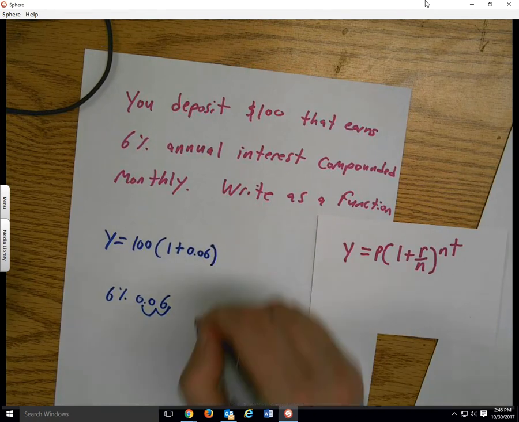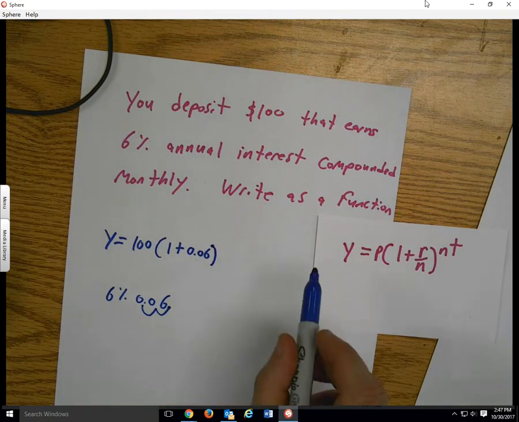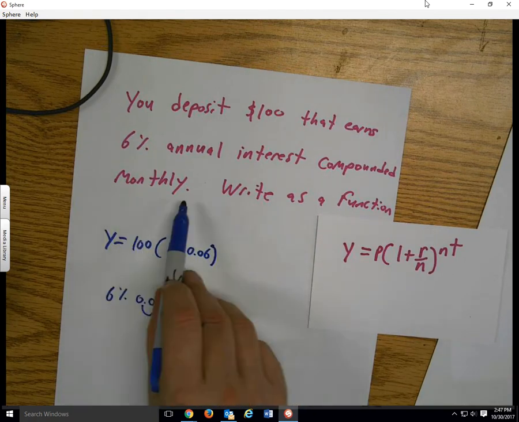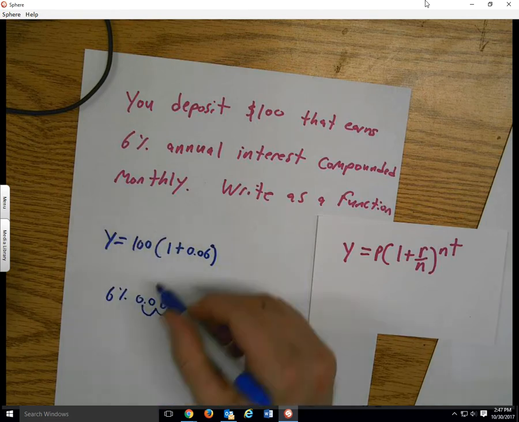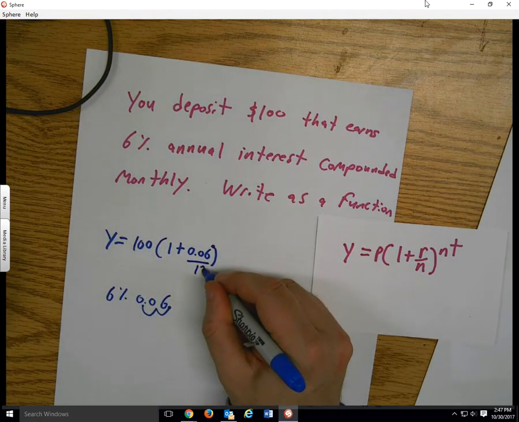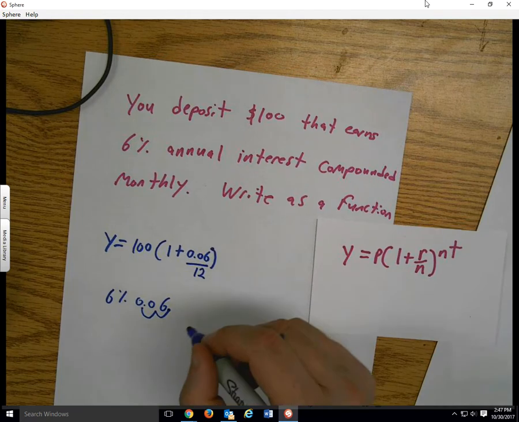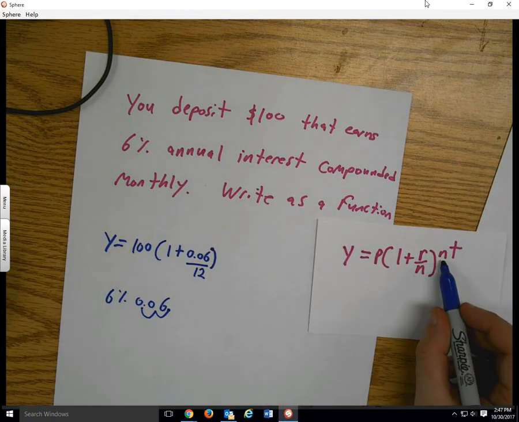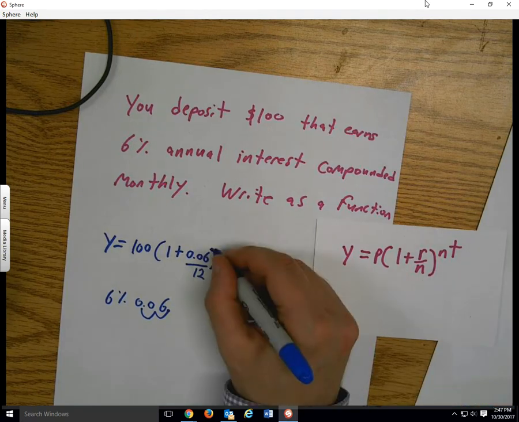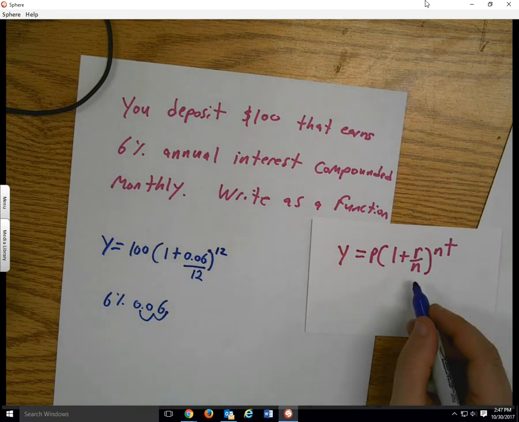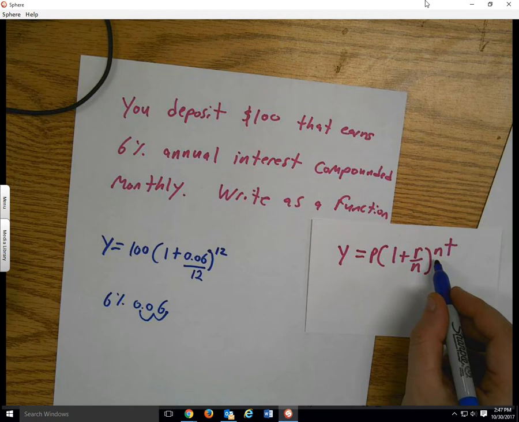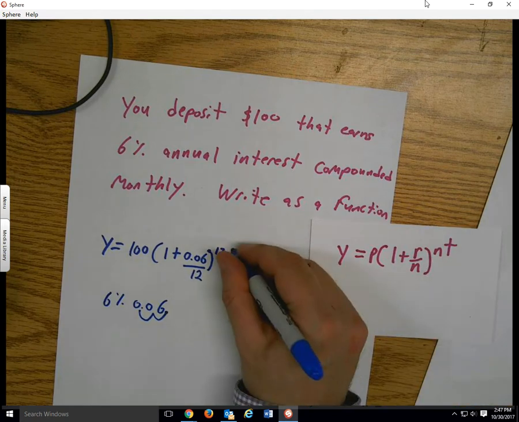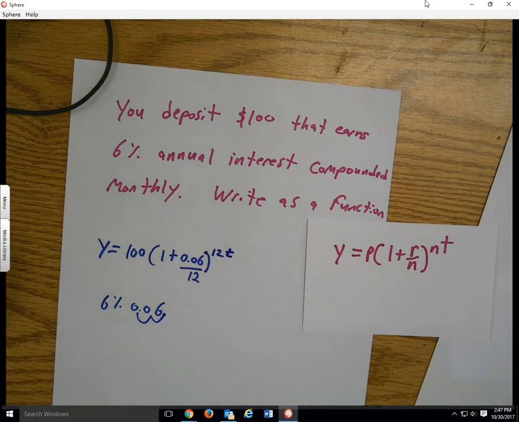But then it's divided by the number of times you take it out. Well, if it's taken out monthly, there's 12 months in a year, so we would divide that by 12. Remember that there's also a number of times up here, so that is also a 12. Not just down here, but also up here. And then the t is just the amount of years you do it for.